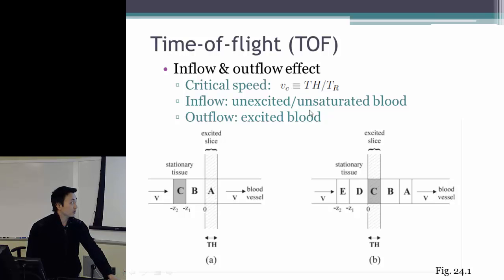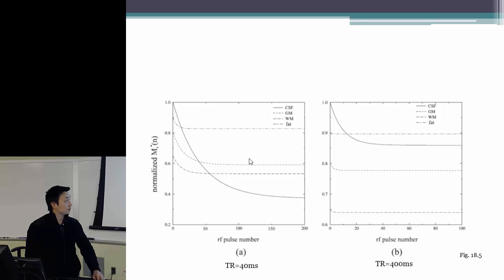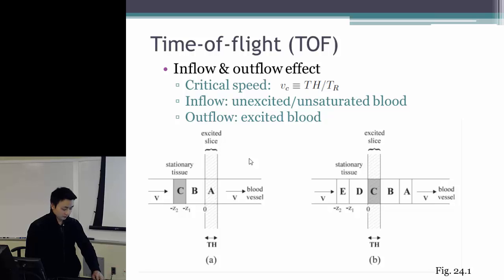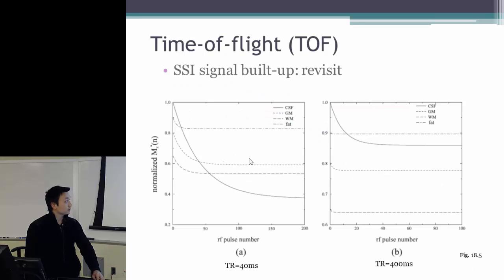If the blood flow is lower than this velocity, then part of this excited blood will remain in the original slice, and it will experience another excitation RF pulse. So this is the critical speed we are looking at to discuss the time of flight effect.